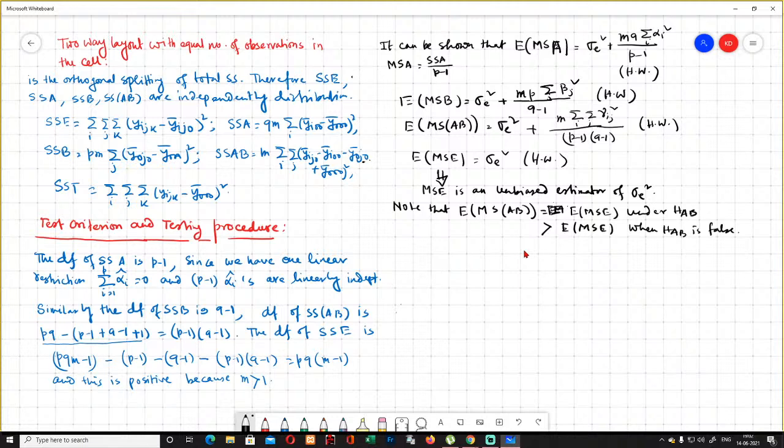So this means MSE is a valid error for testing HAB.